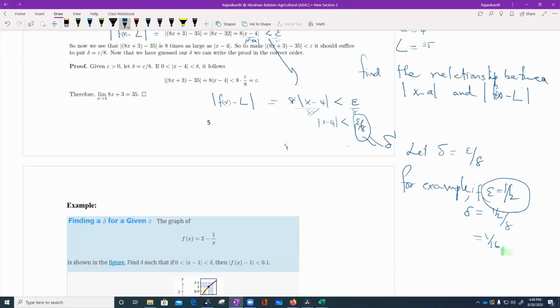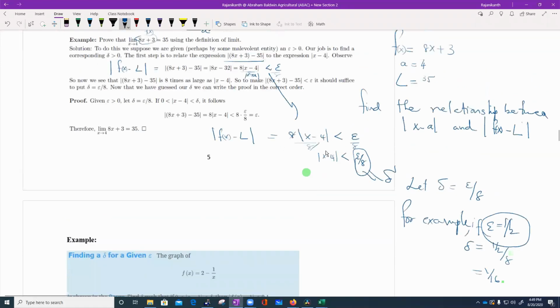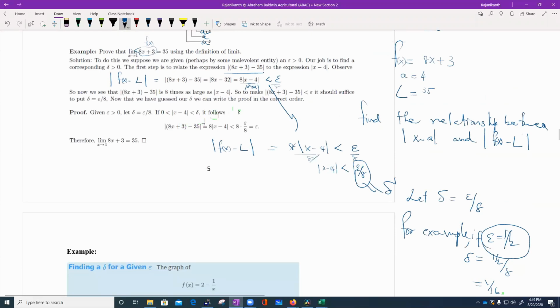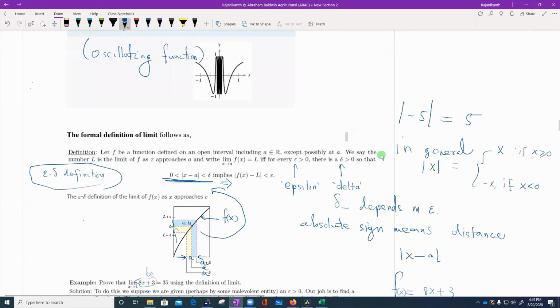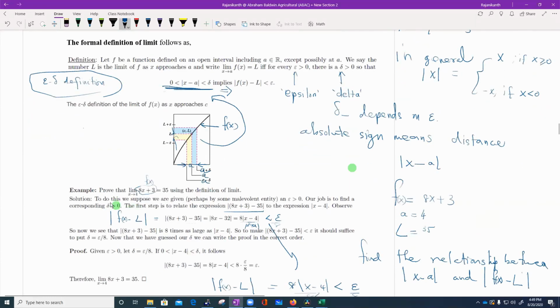So this is all just the theoretical part. This is your task: finding the delta in terms of epsilon. Okay, I now got a delta value. I told you earlier, try to find it out. That's what they're telling here. You need to find it out first.